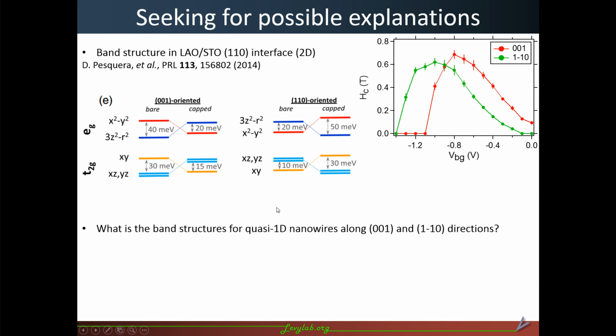And also, we are studying quasi-1D nanowires along two different directions. So probably the band structure for the nanowires along different directions is also anisotropic, and there can be a different critical density for the Lifshitz transition. This may explain why there is a superconducting dome shift that we observed.